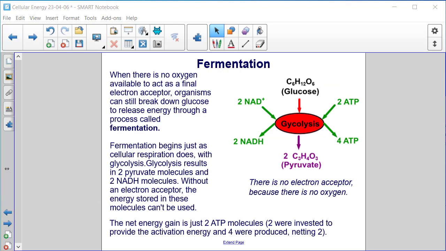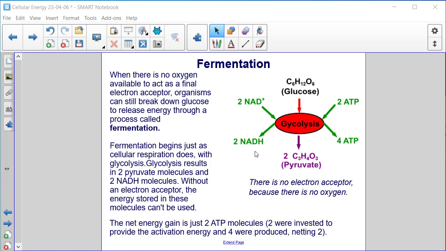Fermentation. When there is no oxygen available to act as a final electron acceptor, organisms can still break down glucose to release energy through a process called fermentation. Fermentation begins just as cellular respiration does, with glycolysis. Glycolysis results in 2 pyruvate molecules and 2 NADH molecules.